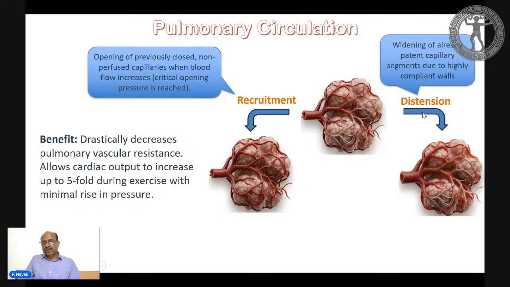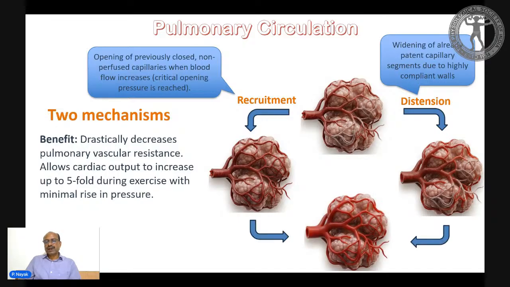So, two mechanisms, recruitment and distension. These two mechanisms drastically decrease the pulmonary vascular resistance, or the other way around, they make the pulmonary circulation highly compliant. And many a time these two mechanisms work together.